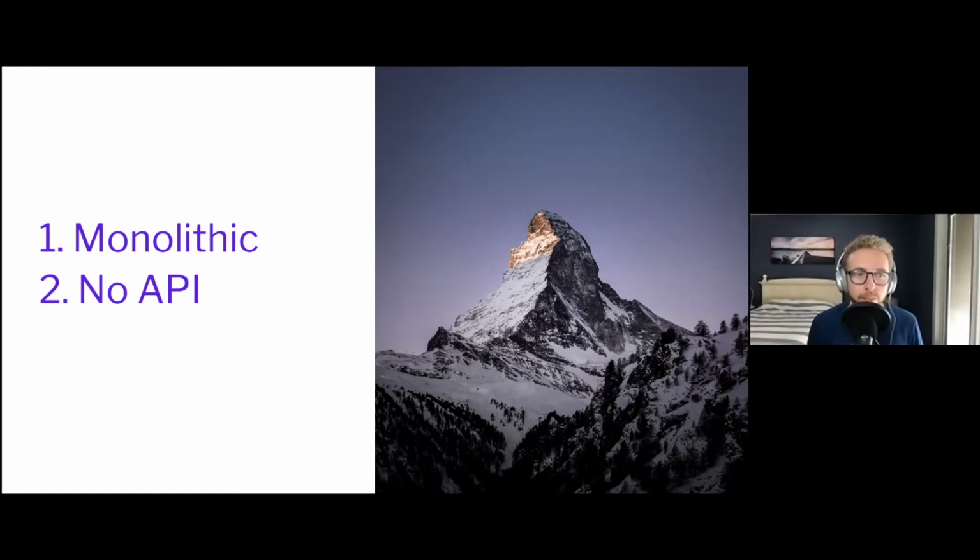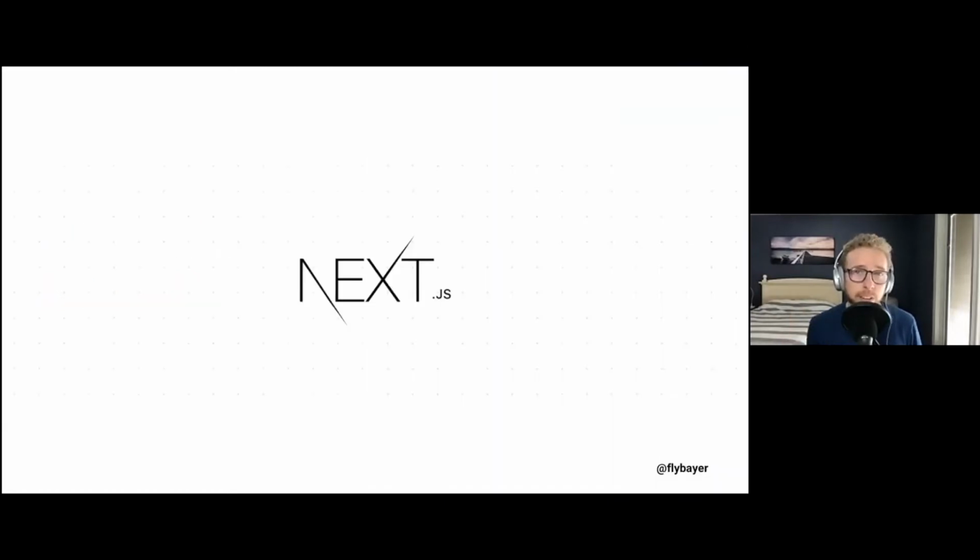So the first key thing to know is that Blitz is built on top of Next.js. If you don't know about Next.js, Next.js is a framework for React. It's a hybrid framework that's really simple and powerful. So it's multifunctional. It lets you have server-side rendering.